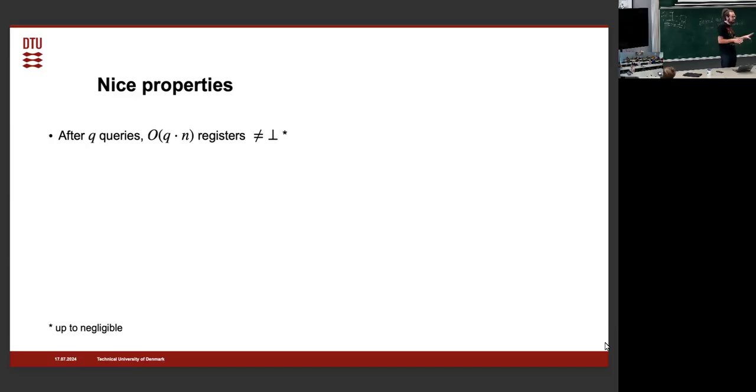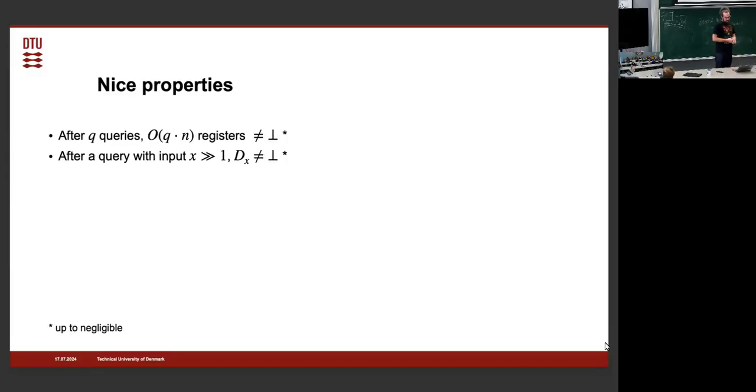This only holds up to a negligible difference, because of course, I can write down a permutation whose strictly monotone decomposition has all locations active when computing it on the input 1. For example, the one where t1 equals 1, t2 equals 2, t2 equals 1, t3 equals 2, where the input just steps up all the way. But these types of permutations just have negligible weight in a uniformly random permutation.